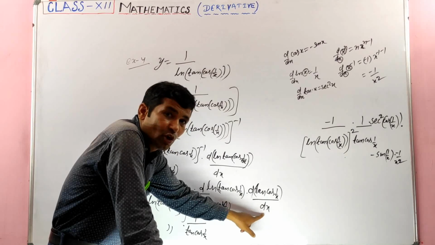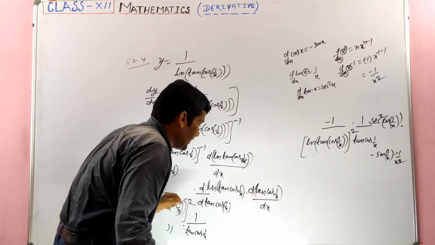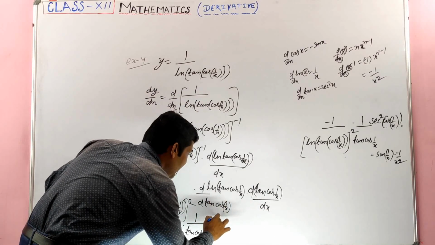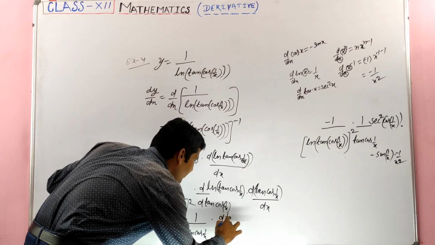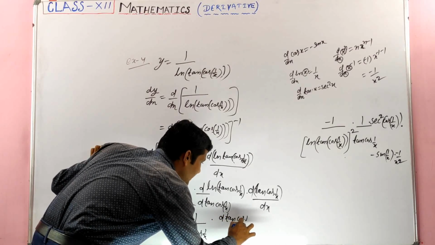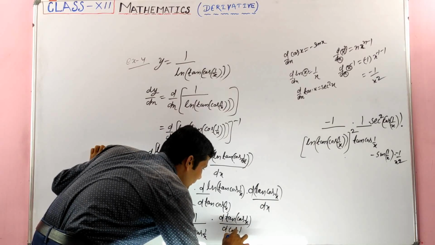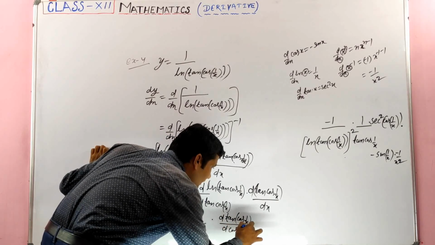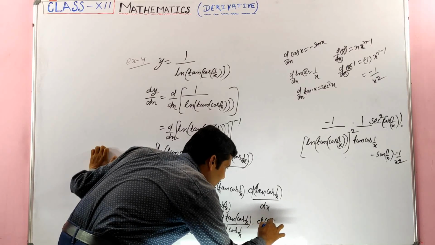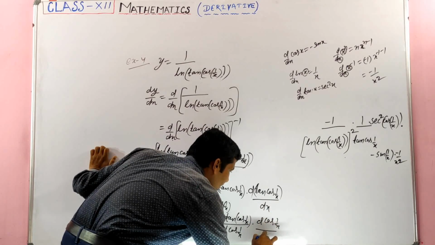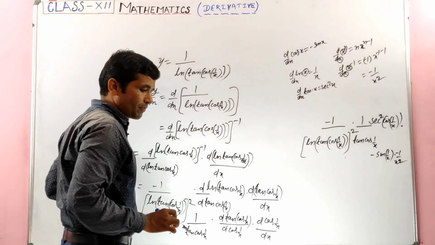But there is no d of cos 1 by x, so adjust again. Therefore, you can adjust d tan cos 1 by x: the expression as it is, by d cos 1 by x, multiplied by d cos 1 by x by dx.